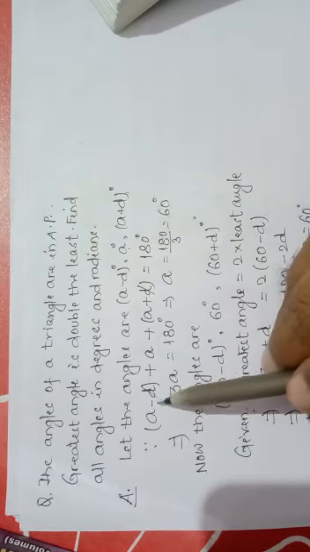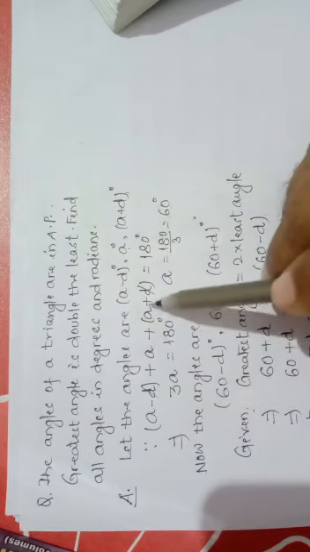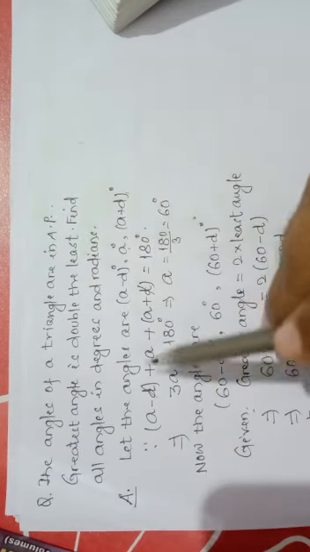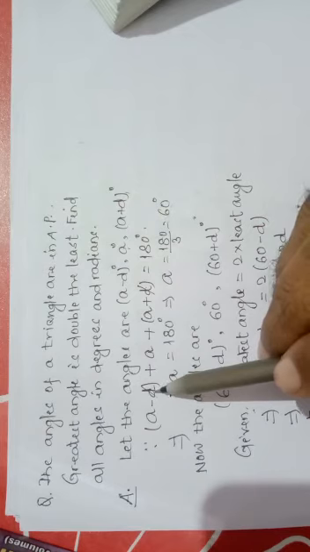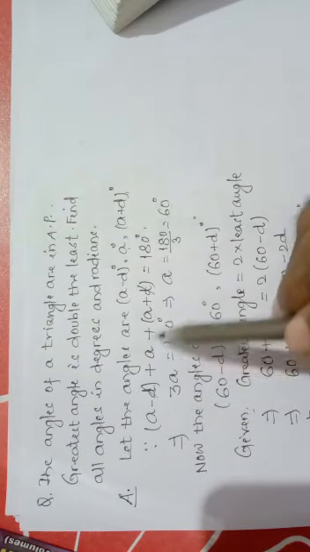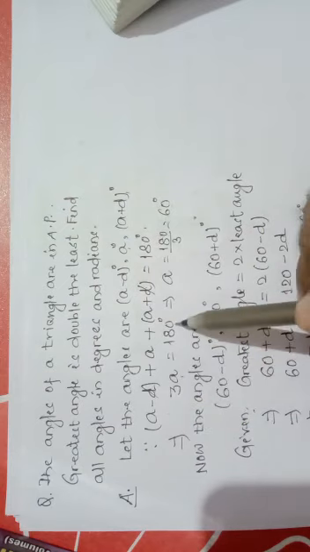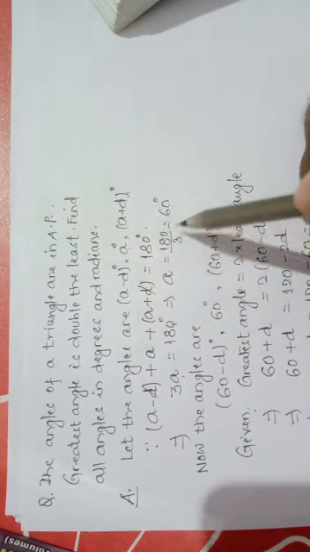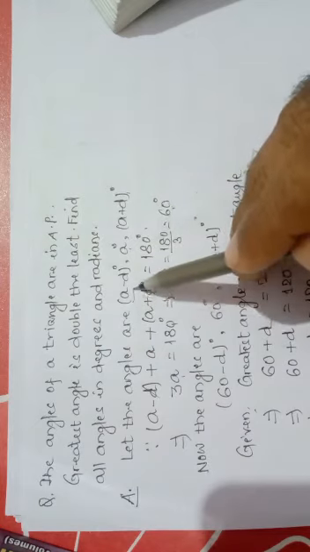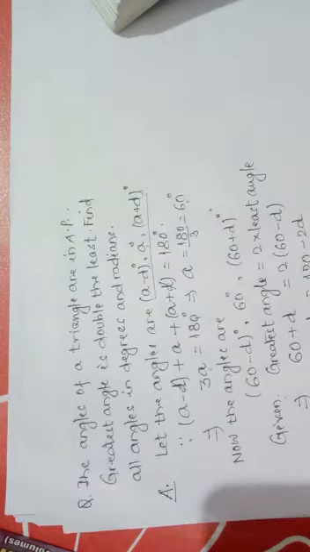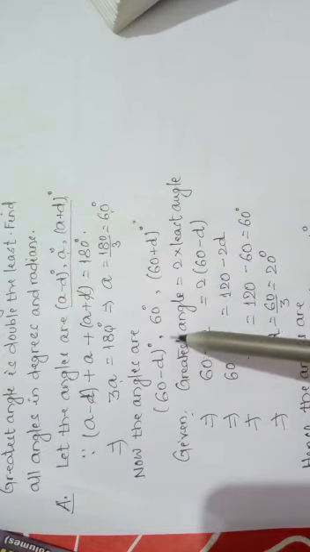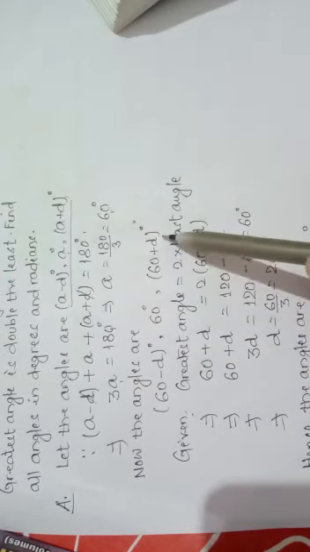Thus A minus D plus A plus D is equal to 180 degree. See, plus D and minus D should cancel after opening the brackets, and these angles be added. A plus A plus A, that is 3A, is equal to 180 degree, and hence A is equal to 60 degree. So putting the value of A here, the angles become 60 degree minus D, 60 degree and 60 degree plus D.